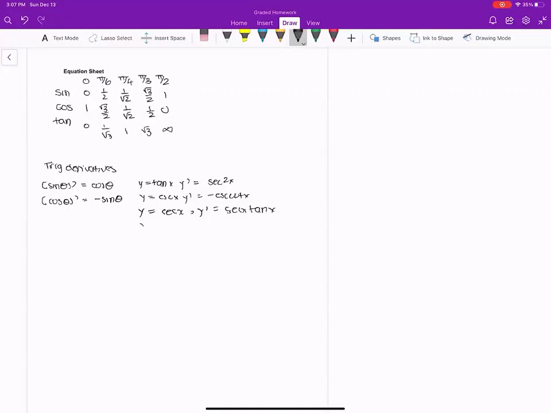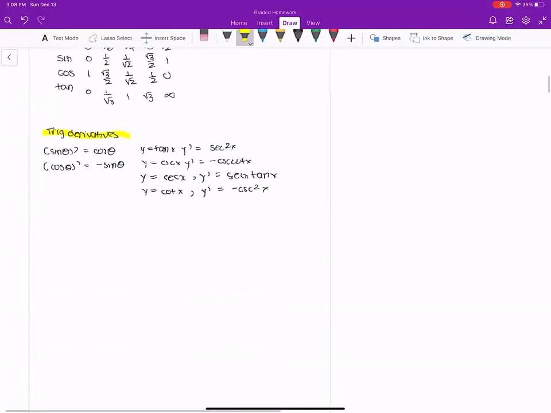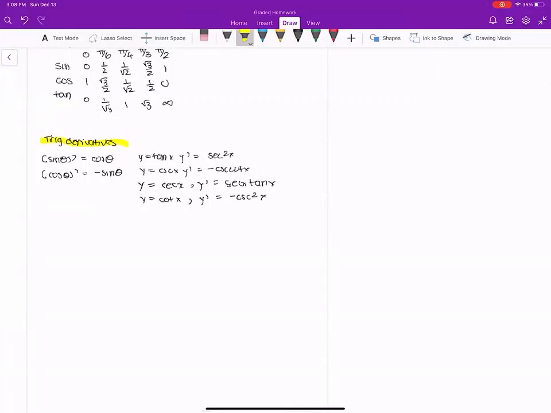And if y equals cot x, y prime would be negative cosecant squared x. So these are your derivatives for your basic trig functions, and I would highly recommend you to copy this down and create your own equation sheets, as these will become handy for questions that we will see later on.